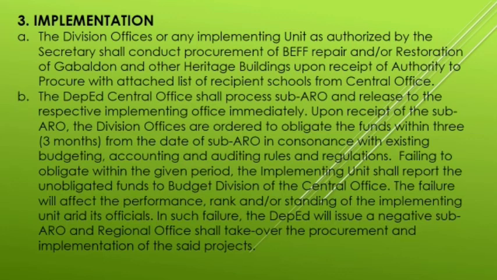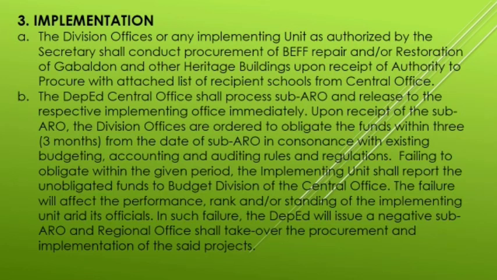Upon receipt of the sub-aro, the division offices are ordered to obligate the funds within 3 months from the date of sub-aro, in consonance with existing budgeting, accounting, and auditing rules and regulations. Failing to obligate within the given period, the implementing unit shall report the unobligated funds to budget division of the central office.